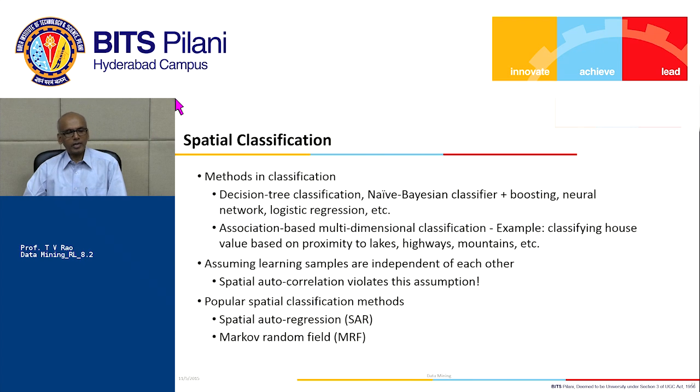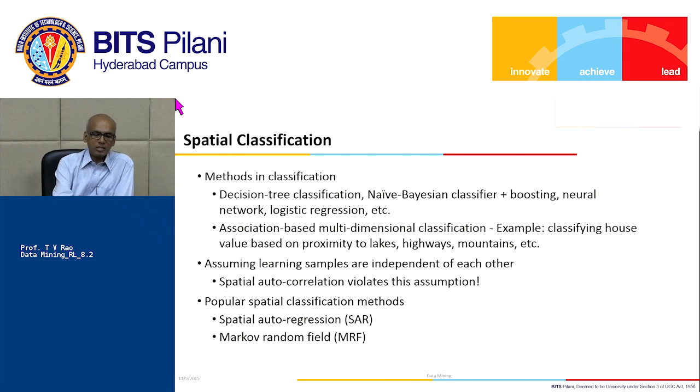When you are looking at spatial classification, given some spatial objects, when we are trying to classify them, as we know, classification is a supervised learning, so we need to have training data from which the machine is going to learn, and then apply the learning on the test data or the other data.